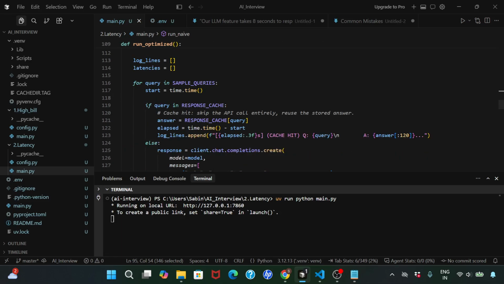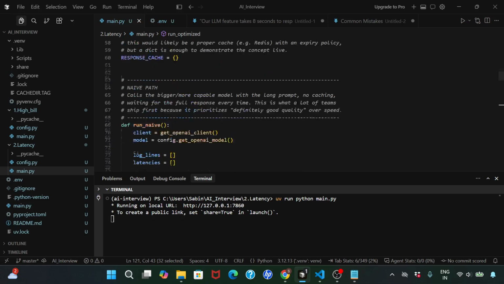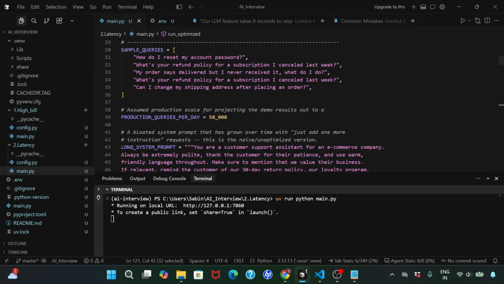The optimized version does two things. One is, if a question is already asked, it will get the response from the cache, because it stores the response in the cache, so it will pick it up from there.